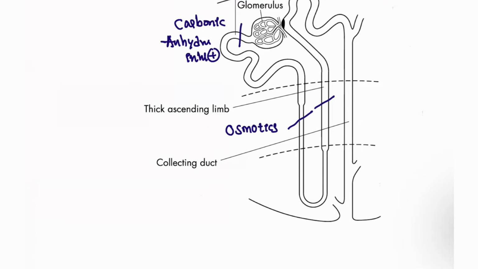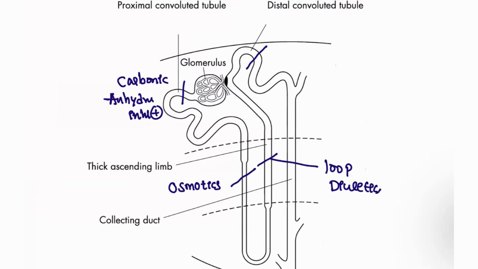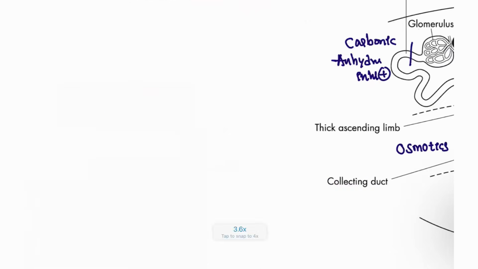At the thick ascending loop, loop diuretics will be acting. At the distal convoluted tubule, thiazides. And at the collecting tubule, you are going to have the potassium sparing drugs.